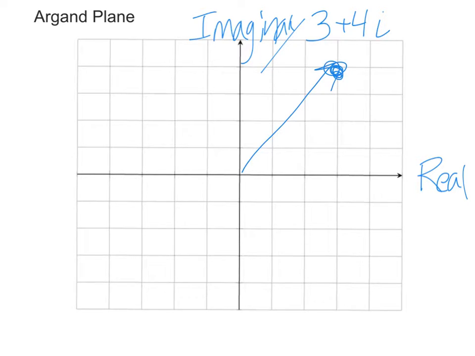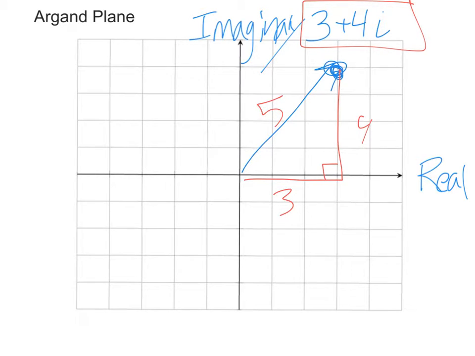Then we can use our lovely little 3, 4, 5 triangle. So this allows us to put that complex number on a plane in such a way that we can see what's happening.